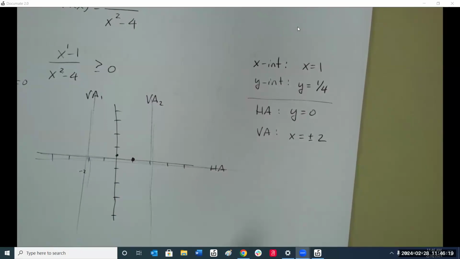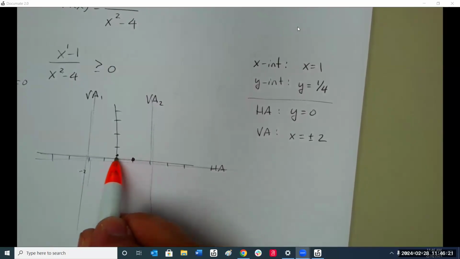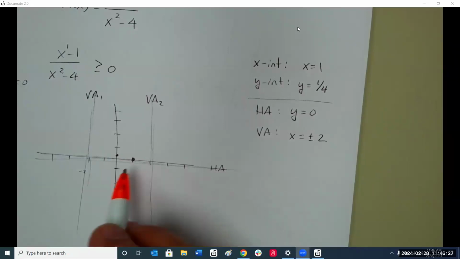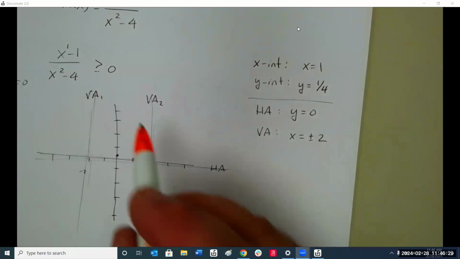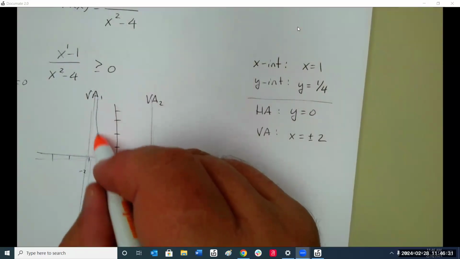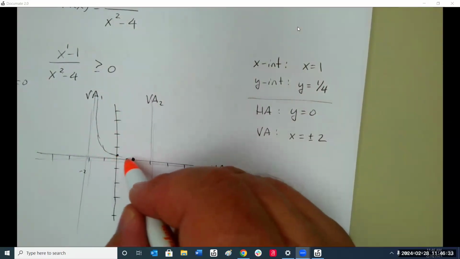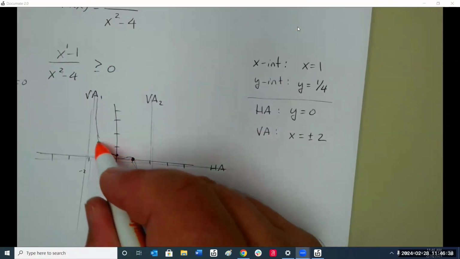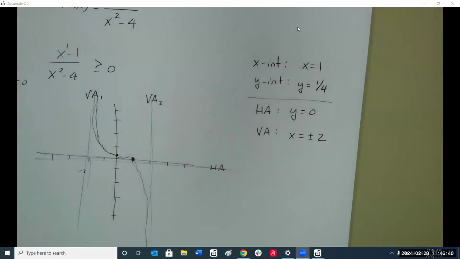So how do we figure out a graph? We know we have an intercept there and intercept there. And since the degrees are 1, that part has to get that, because there's no other x-intercept there.